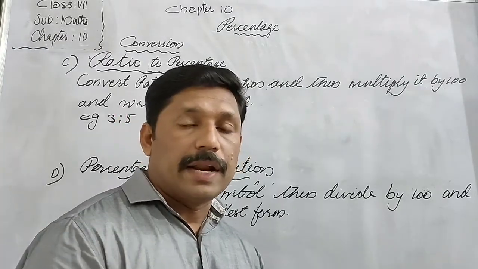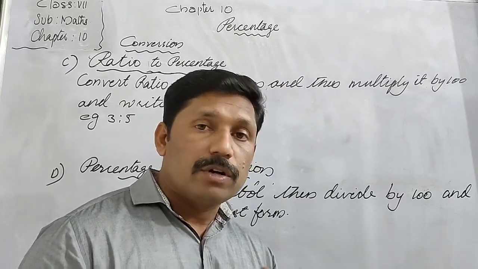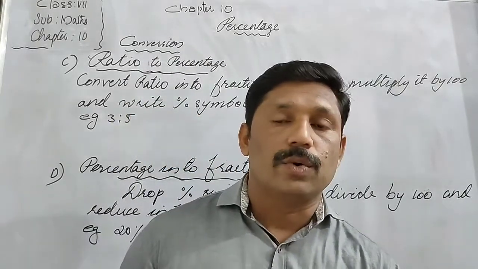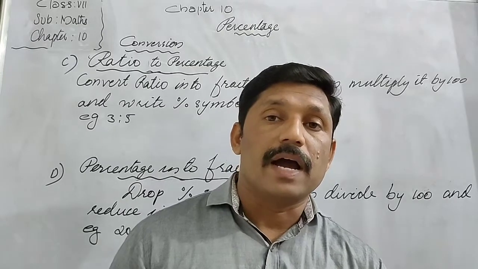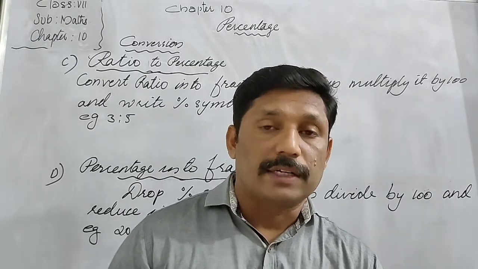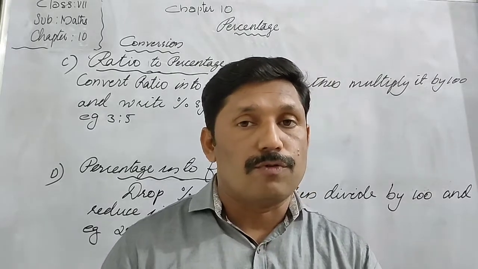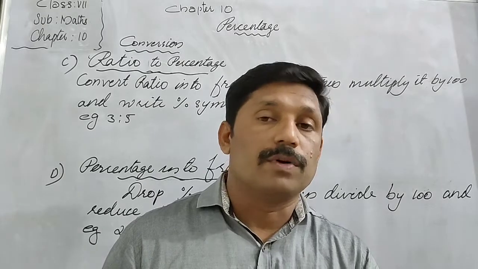Now we convert ratio into percentage. How to change a ratio into a percentage? In order to change a ratio into a percentage, we write that ratio as a fraction and then multiply by 100 and write the percentage symbol.